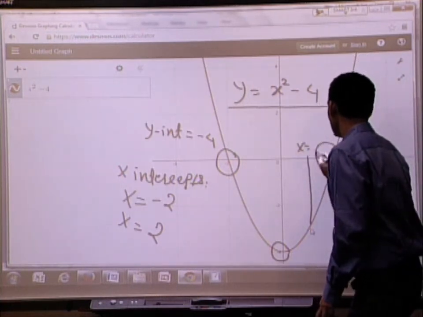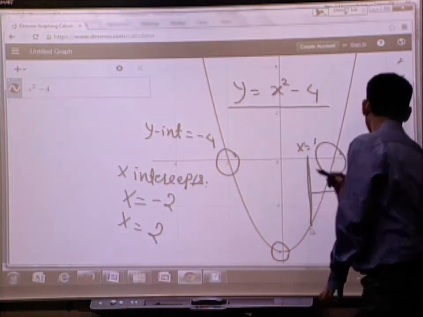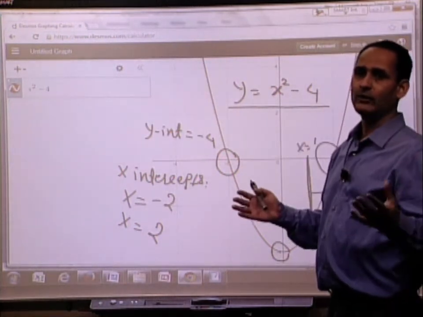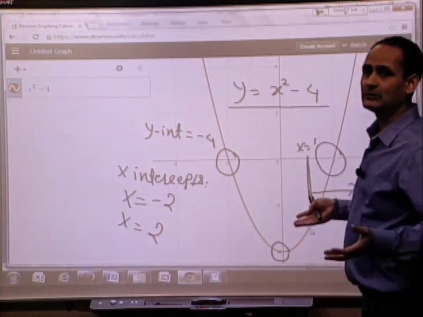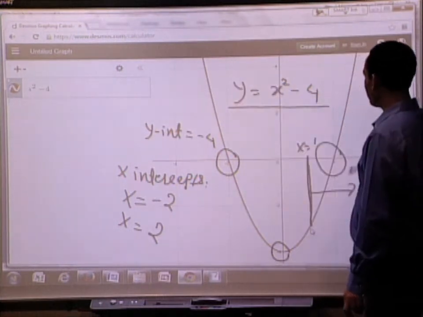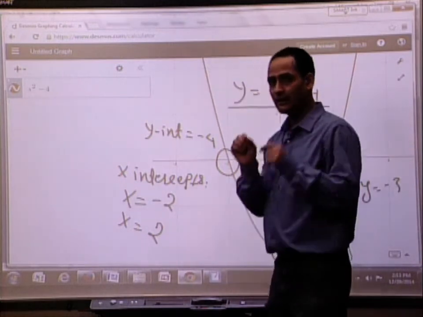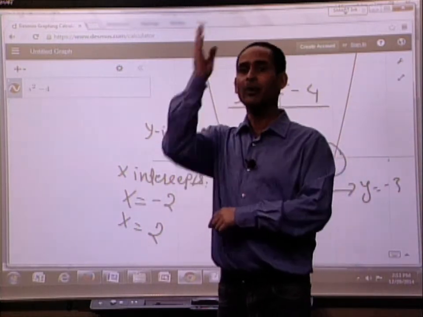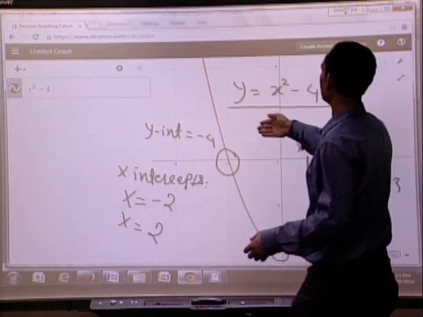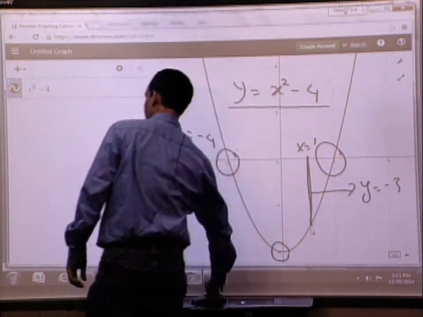Let's say this is x equal to 1, this is y, which is y equal to -3. So we can say the y value is -3 when the x value is 1. In fact, we can find the y value of any point in this graph using the x value and going up or down, depending on whether the graph is above or below the x-axis.